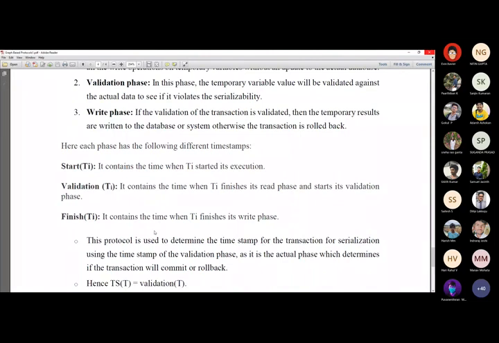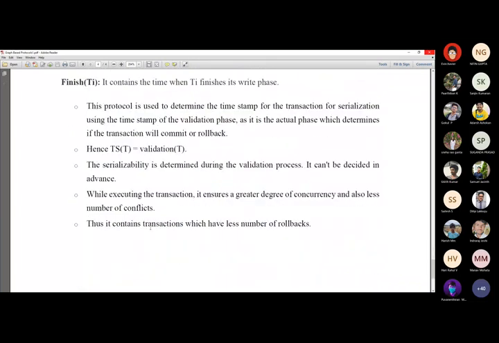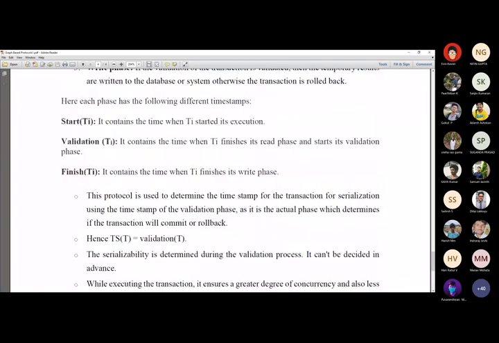Else, if the new values are validated and pass the serializability test, they will be written into the database system. So this is about the validation based protocol.